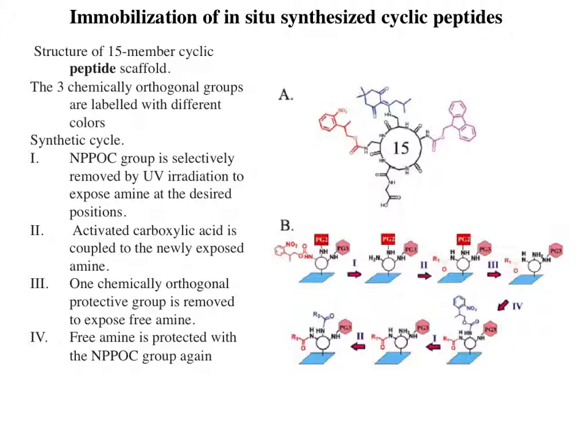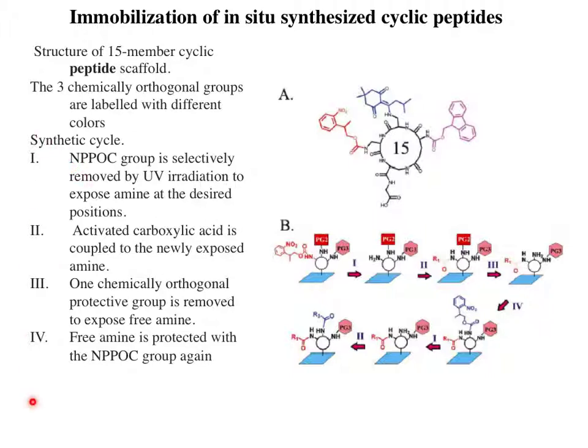Or you can generate a cyclic scaffold, which has, in this case, 3 chemically orthogonal groups, shown here. You can selectively remove each of these groups, in this case by UV irradiation, and then attach your amino acid or your peptide to the selectively deprotected site.